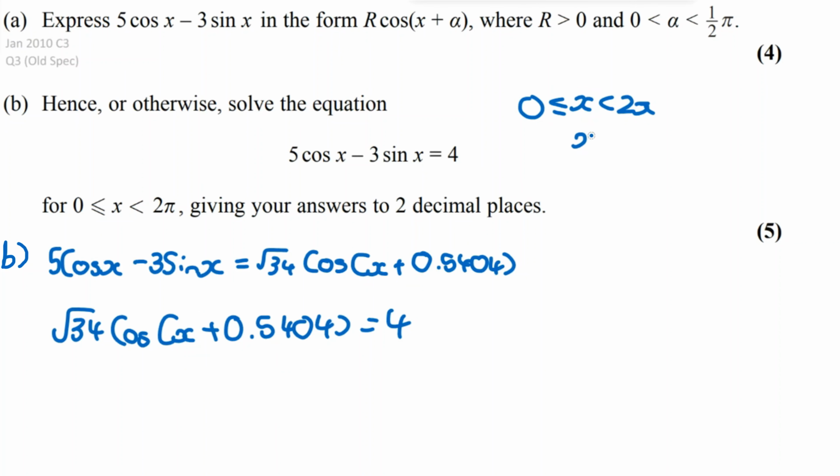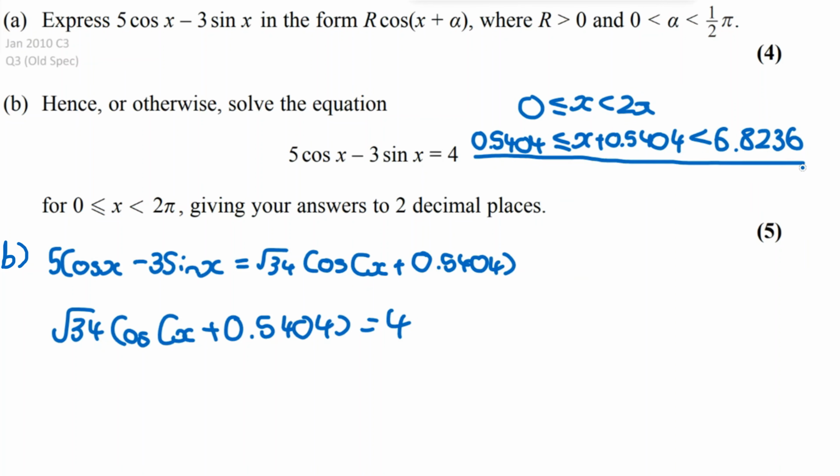So this is going to become x plus 0.5404, and then this here is going to be 0 plus 0.5404, which is 0.5404, and then this here is going to be 2 pi plus 0.5404, which if you put into a calculator is equal to 6.8236. So this here is the new interval that we're going to work in order to solve this equation.